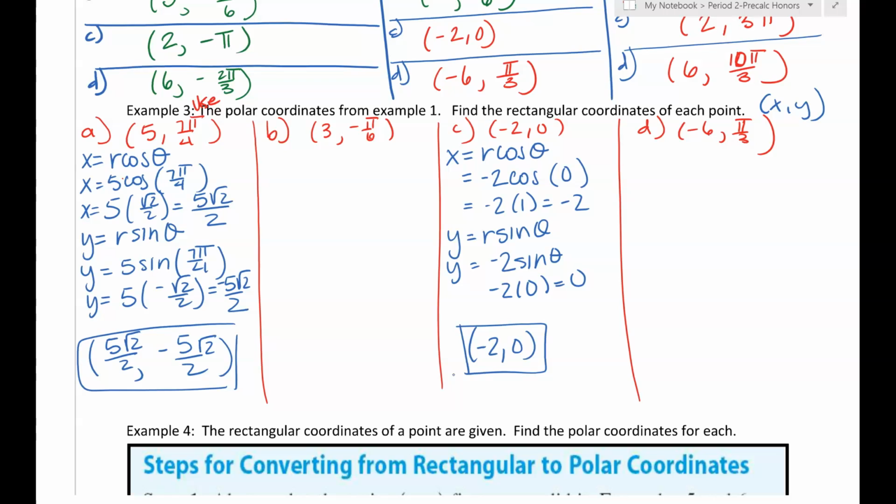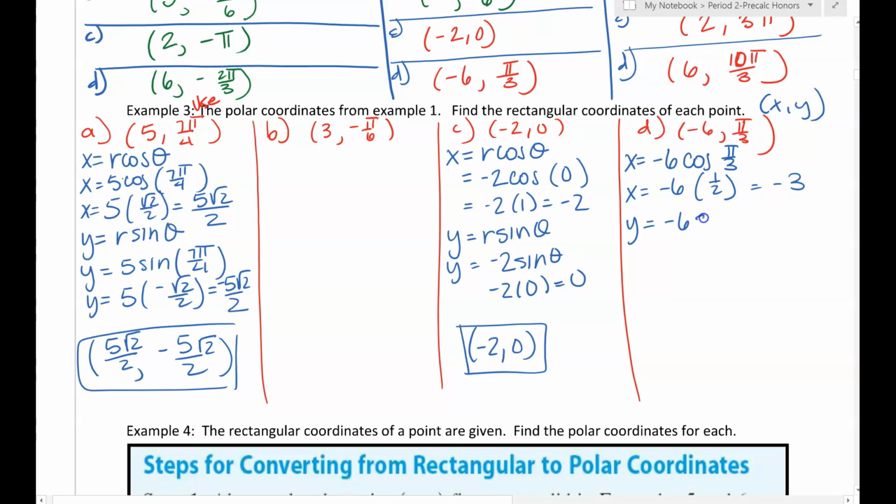All right, now I'm going to do D because remember your job was to do B. So x equals r cosine of theta. R is negative 6, cosine of pi over 3, which is 1/2. So that will give me a negative 3. Y equals r sine of theta.